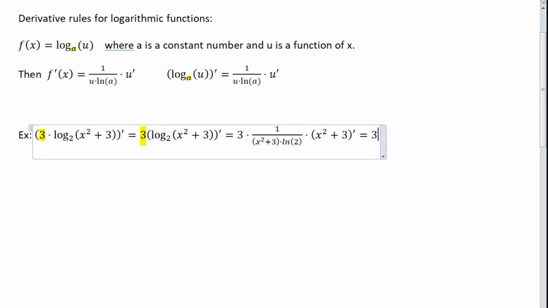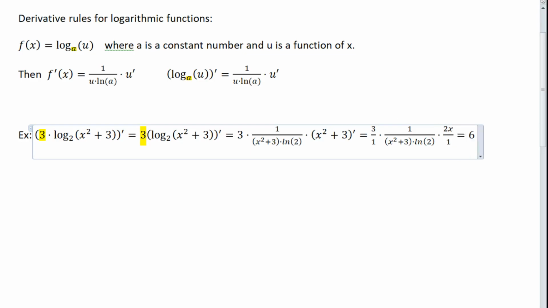So you will have 3 multiplied by exactly the same thing, so let's just copy paste that here. And you just have to evaluate the prime of x squared plus 3, which is only 2x. And then, since your number 3 here is over 1 and 2x is over 1, you can just multiply numerators together.